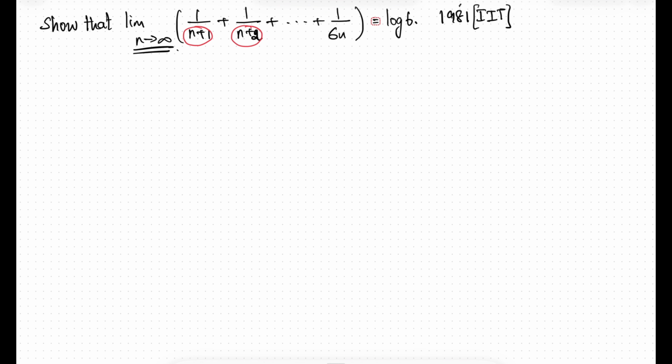Let me write the first term's denominator as n plus 1 and the second as n plus 2. To go from n plus 1 to n plus 2, all you have to do is add 1, which is clearly a common difference in an arithmetic progression, which clearly states that the denominators are in arithmetic progression.